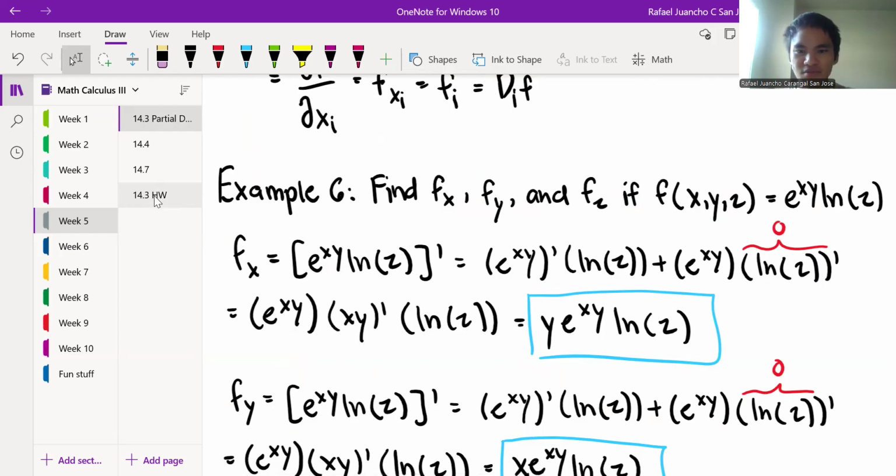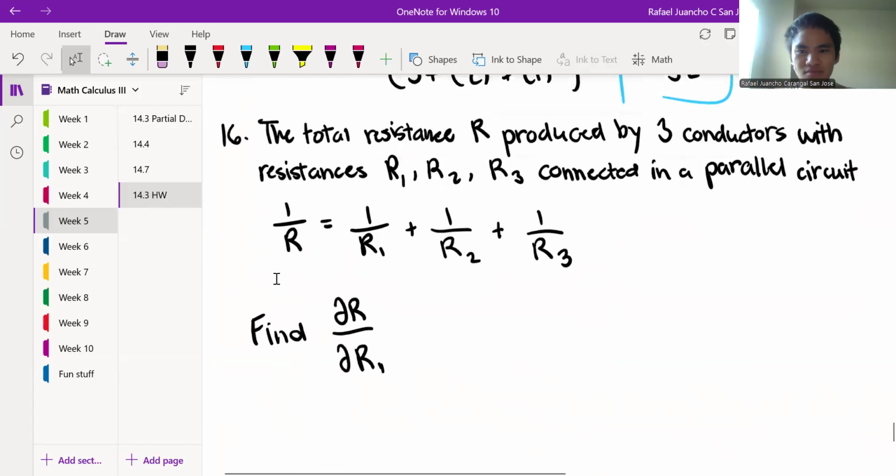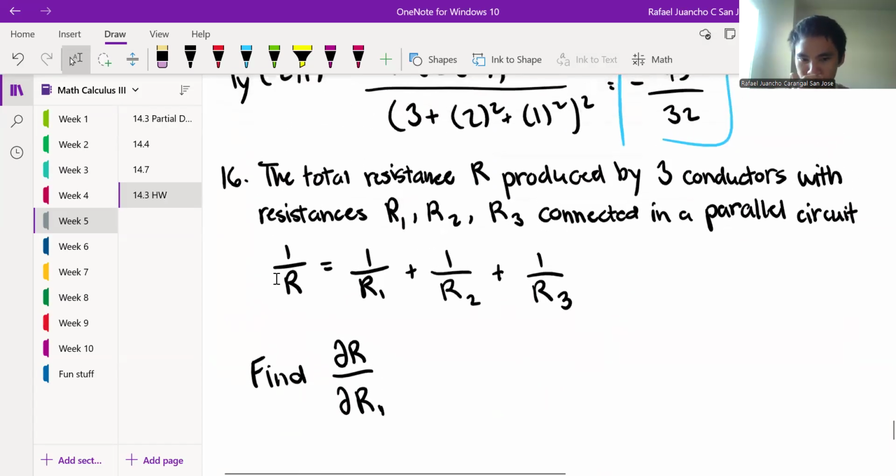I'm not super sure. How do you solve that part? So we take its inverse, huh?